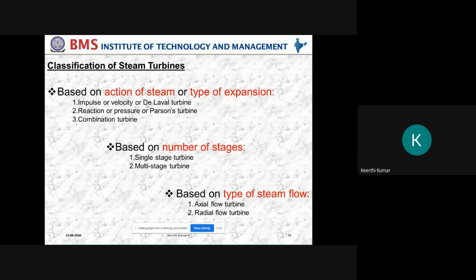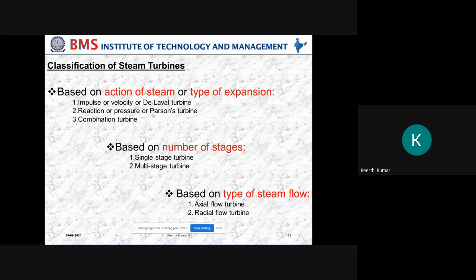Yesterday we did know De Laval was one of the persons who found out the turbine, the very first person who found out the turbine. So he determined the impulse turbine. So that is one classification. The second is the reaction turbine, which is pressure based. First one is velocity based, second one is pressure based, and the name of the person who determined it is Parsons.